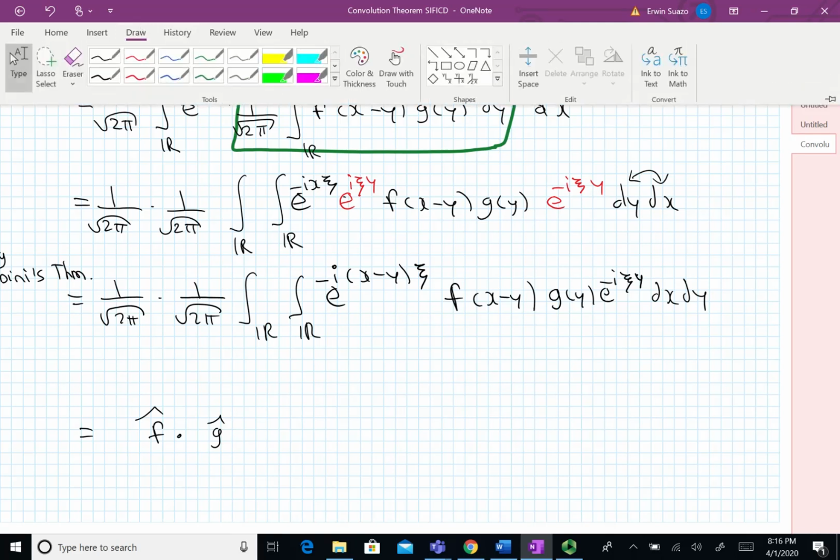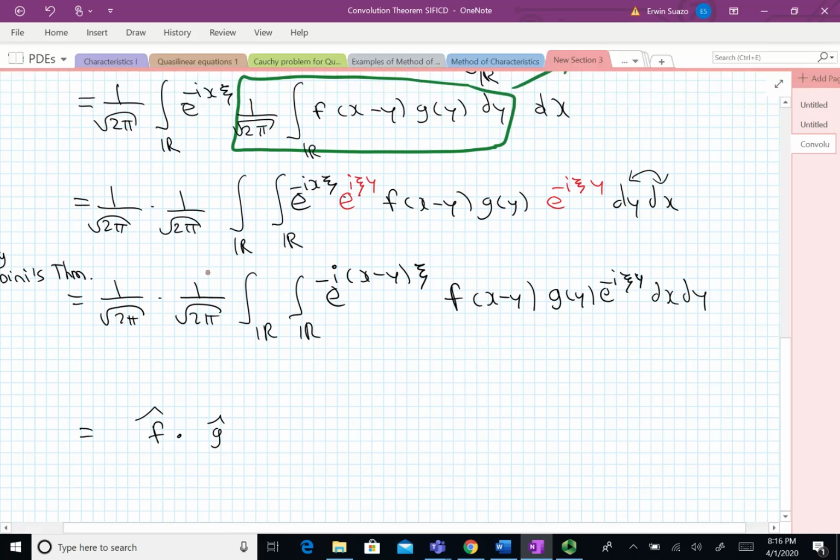So here, notice then that you got 1 over the square root of 2 pi. Now you got this integral with dx, e to the minus i (x minus y) theta f of x minus y.